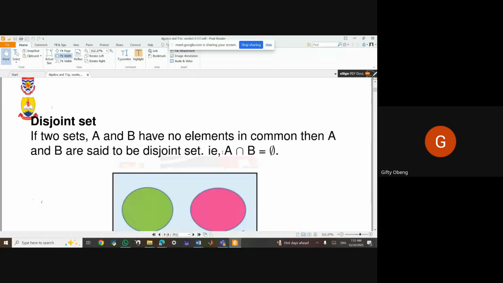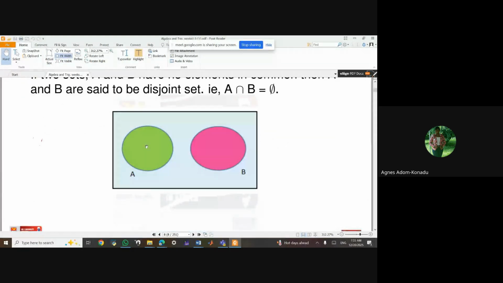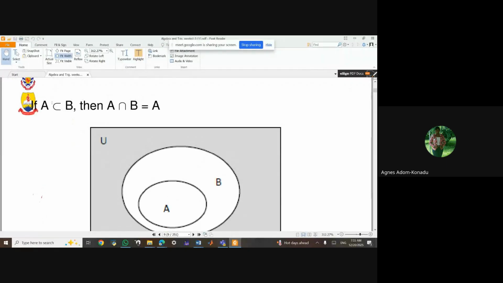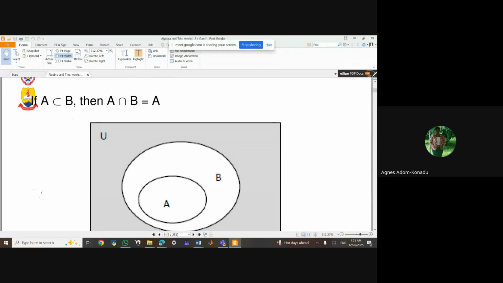So if A and B are disjoint, then their intersection is a null set. Now, if A is contained in B, if A is a proper subset of B, then their intersection will be the set A. I hope you get it.